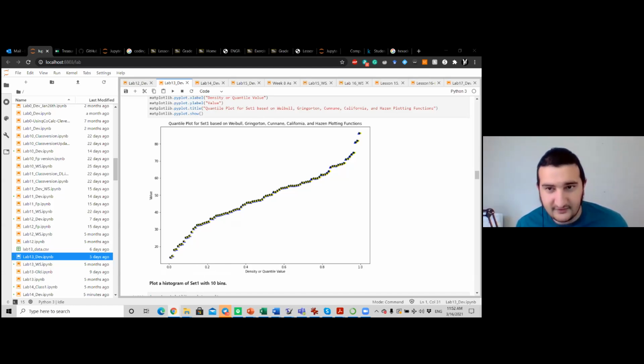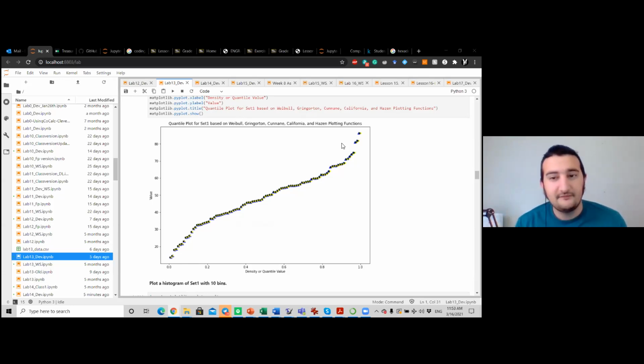I have one answer from Travis in the chat box, and he says, wouldn't they all be the same in that graph? And the answer is yes, Travis. We compared them and realized that it doesn't make a huge difference to use any one of them for this specific set we are dealing with. The answer is going to be very close.